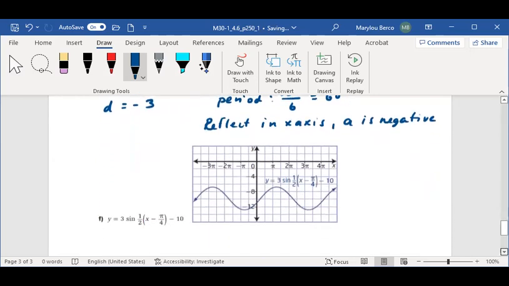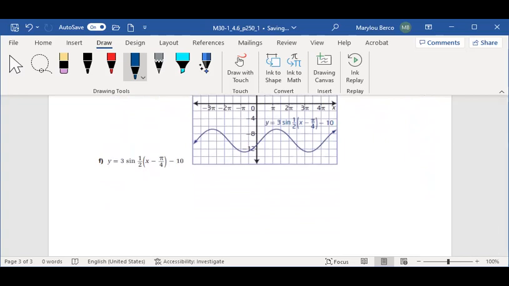Okay, F. Y equals 3 sine 1/2 x minus pi over 4. So what we have here is A is 3, B is 1/2, C equals pi over 4, and D equals -10.